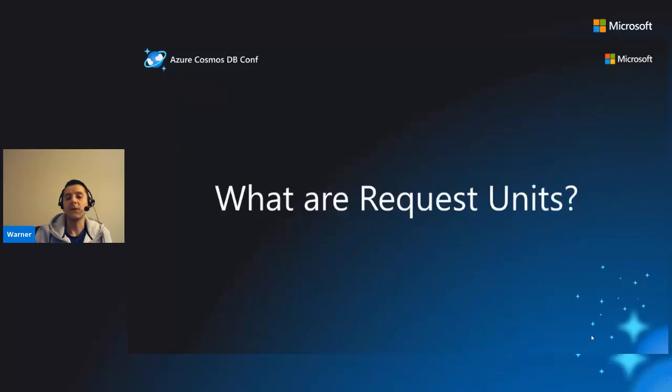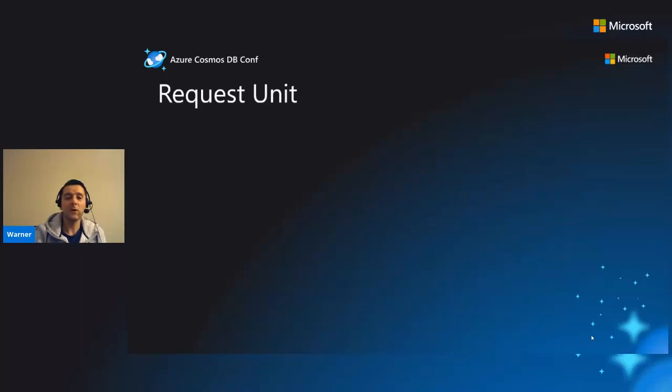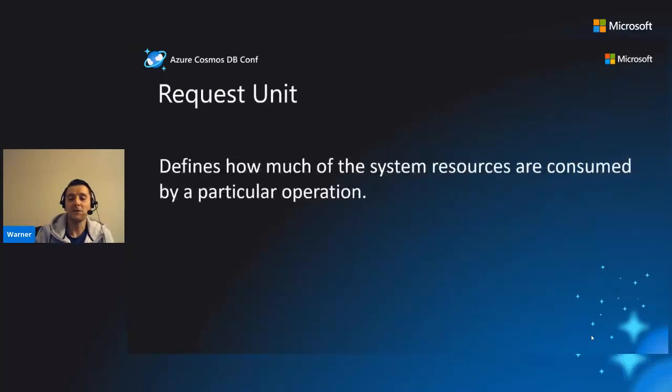So first of all, what are request units? Well, a request unit defines how much of the system resources are consumed by a particular operation in Cosmos DB. Keep in mind, Cosmos DB is a platform as a service offering. You don't have to manage the underlying hardware, operating system, or the software that runs the Cosmos DB engine.